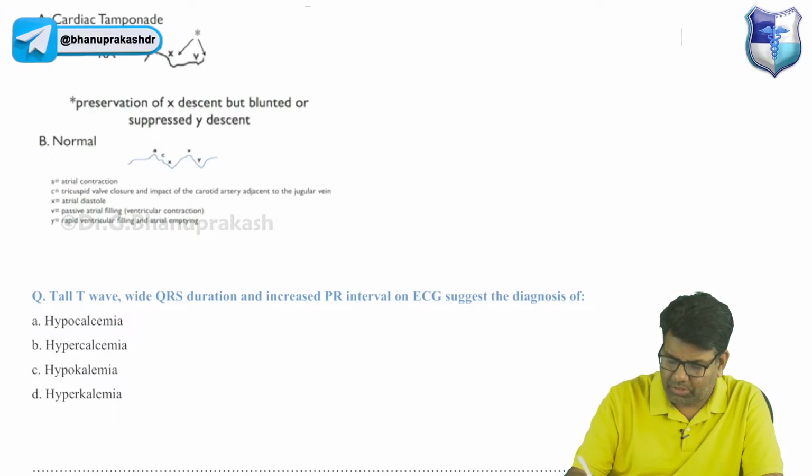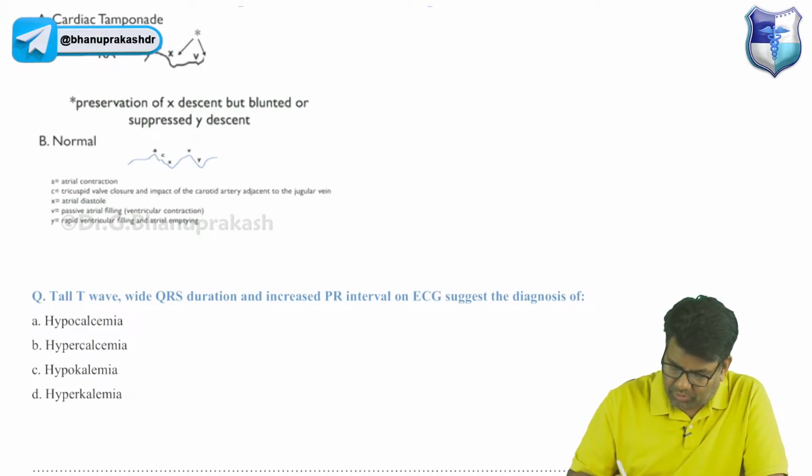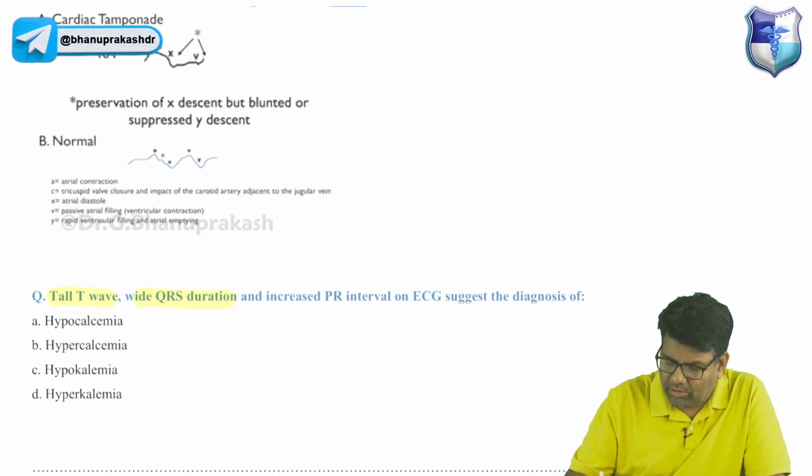Now, next question, tall T wave and a wide QRS, increased PR interval. All this goes in favor of, yes, I think everyone is right, hyperkalemia.